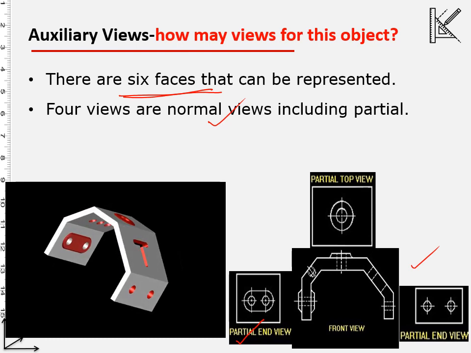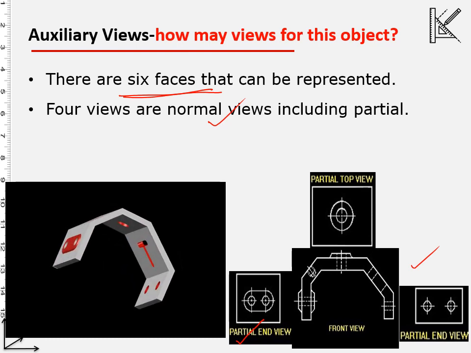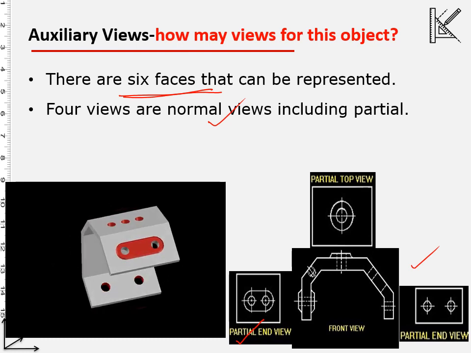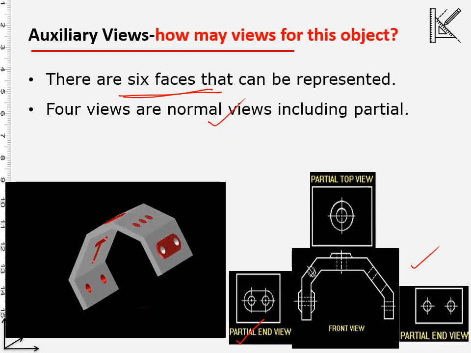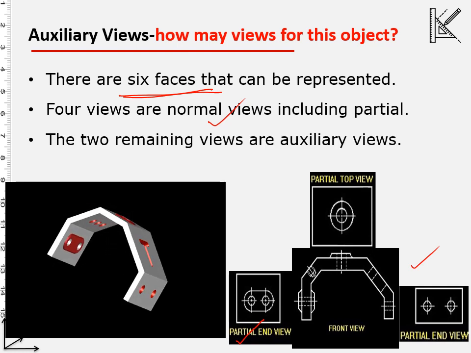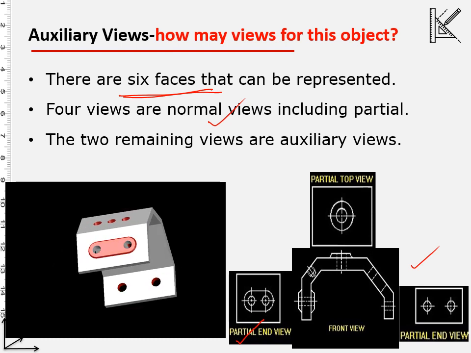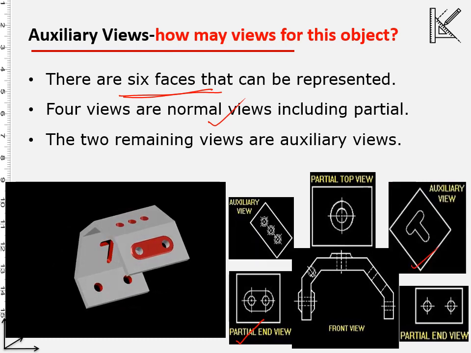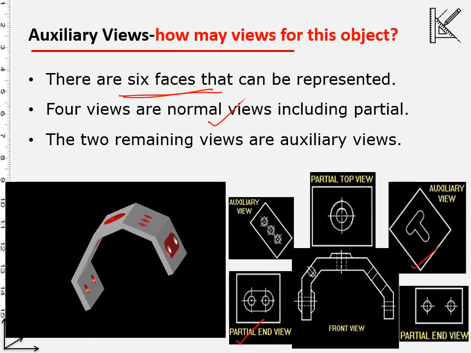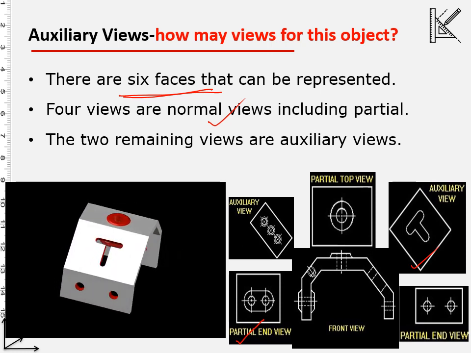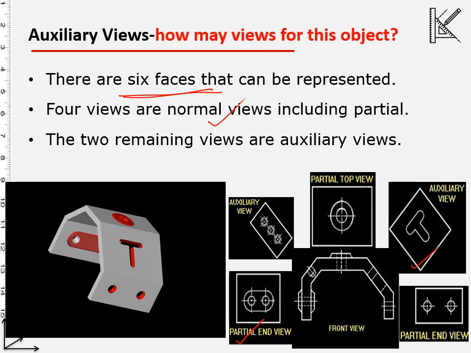Because of this, I'm showing you only that part which is coming as the normal view. That's why we are calling it a partial profile view. So we need 2 more views, because there are 2 more surfaces which are inclined. We will be creating the auxiliary views for this, and this is how the auxiliary views will be. Right now in this case, all the views are normal views without any distortion.